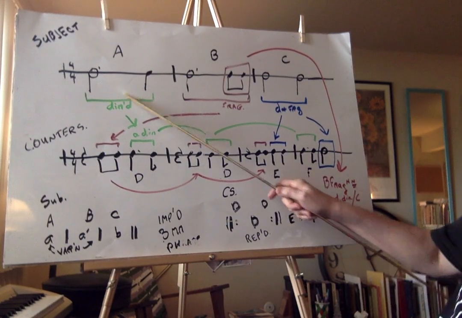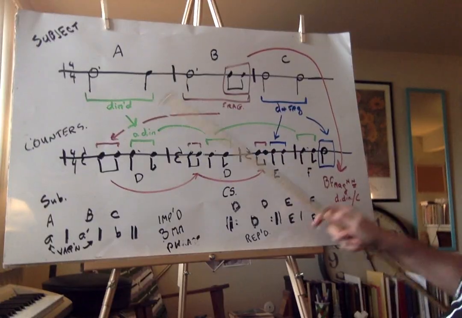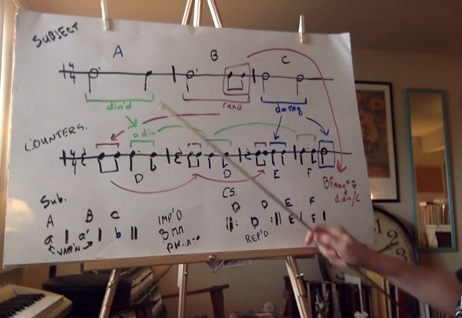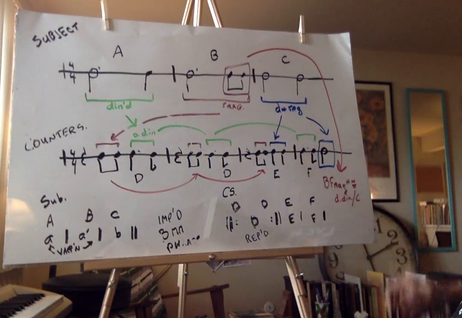So you have diminution, and you have fragmentation of one of them. Well, let's call these three rhythmic motives in the countersubject. You have fragmentation and diminution of rhythms in the countersubject that you first find in the subject.